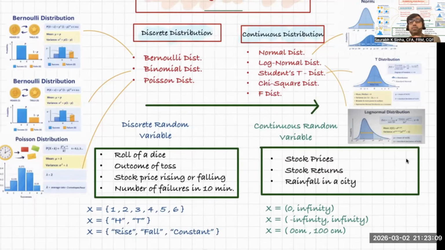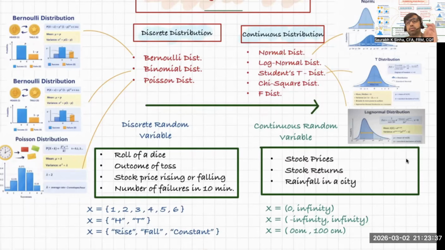Now, I'll stop here, but keep in mind that in all these distributions, you must be aware of these four things. First, when you should use these distributions and when you should not. Second, what is the probability density function of each distribution, or is it even applicable?